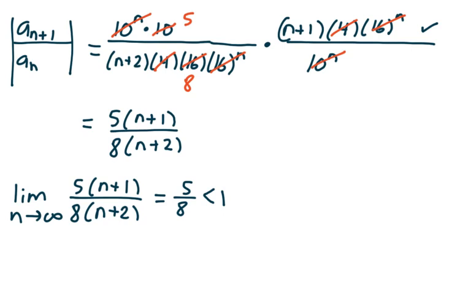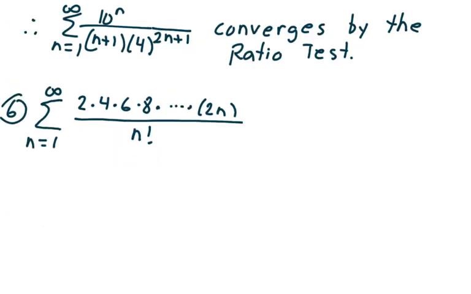So in other words, I'm going to look at the limit as n goes to infinity of 5 times n plus 1 divided by 8 times n plus 2. But you end up with 5/8, which is less than 1. And so what that's going to tell me is that the summation from n equal 1 to infinity of 10 to the n over n plus 1 times 4 to the 2n plus 1 converges by the ratio test.